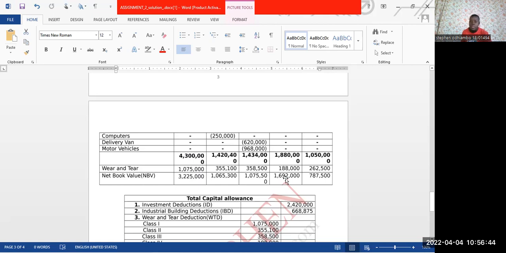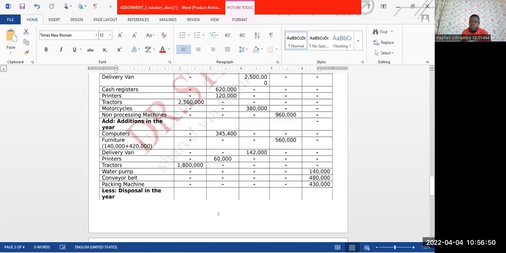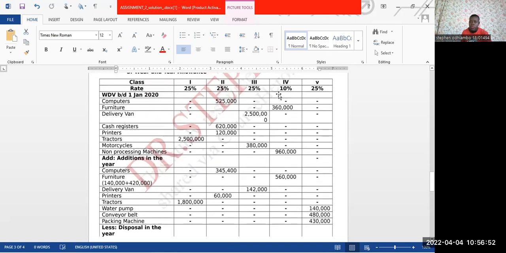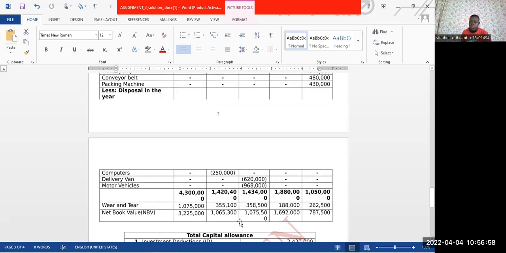So if you take 10% in this column, it is class 4. You can see 10% here. So if you take 10% of the total amount, which is 1,880,000, we are supposed to be getting 188,000. And the same you repeat here, you take 25% of that, you get this.